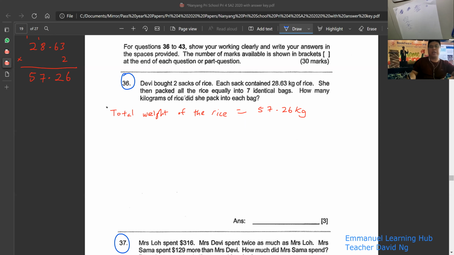This amount of rice was packed equally into 7 identical bags. What must you do to find the amount of rice in each bag?